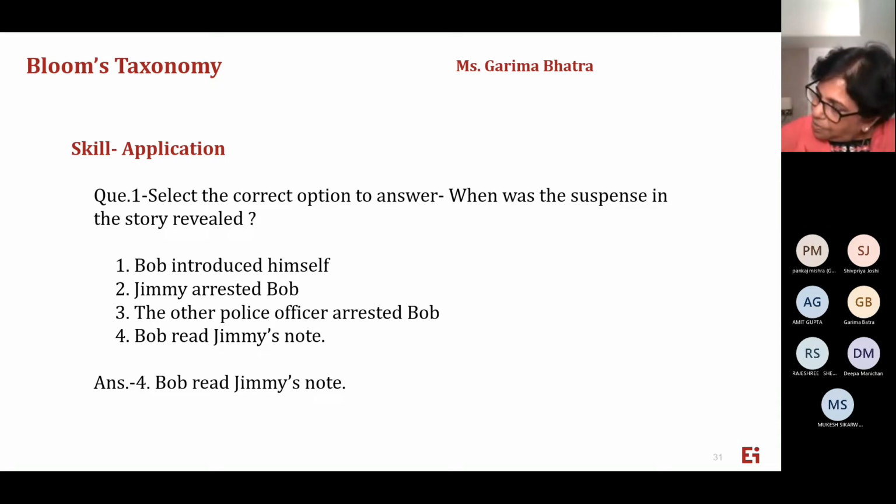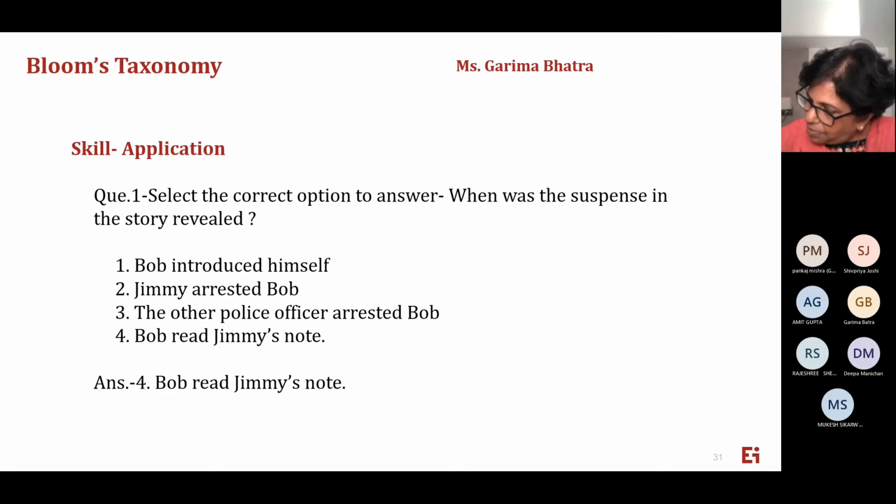I would go a bit further actually. Joshi sir has said that it is mechanical. For me, it is the understanding level, because the student has to understand the whole scenario: there is a suspense and how it is revealed. Now, one more thing.